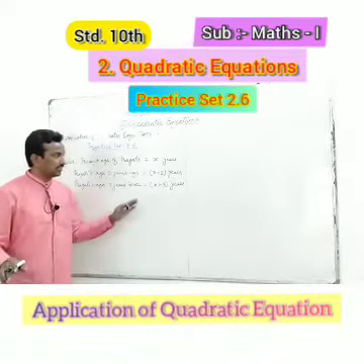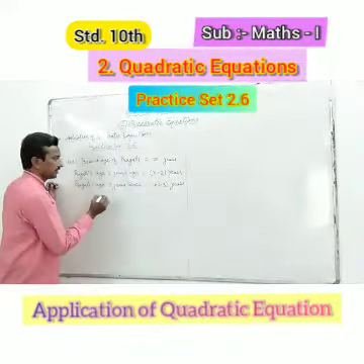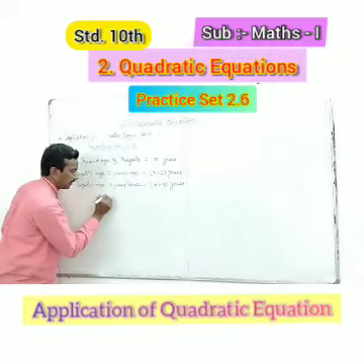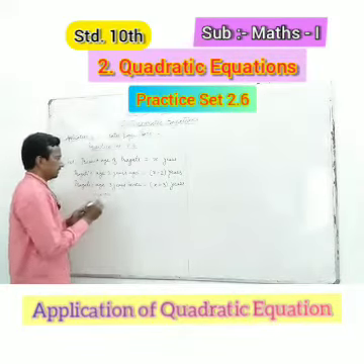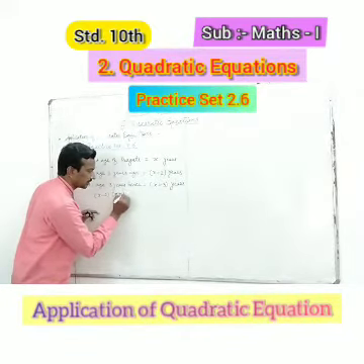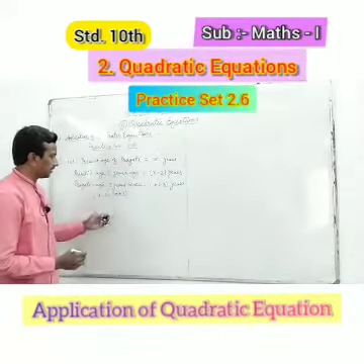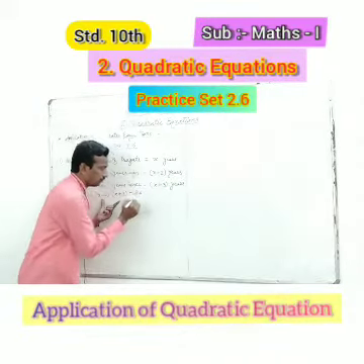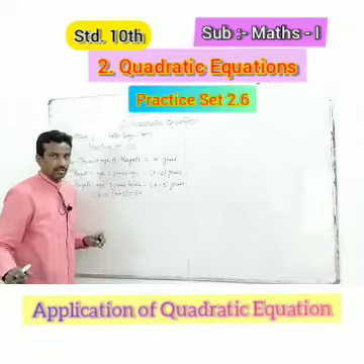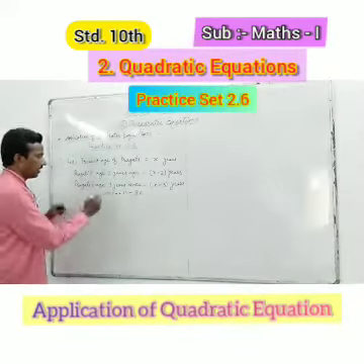Now from the given condition we have to frame a mathematical equation by using these steps. 2 years ago Pragati's age was x minus 2 years, and 3 years hence, means after 3 years, her age will be x plus 3 years, and the product of these two, means multiplication of these two, is 84. This is the mathematical equation. Now we have to convert the given mathematical equation into a quadratic equation. Then solve the given equation.